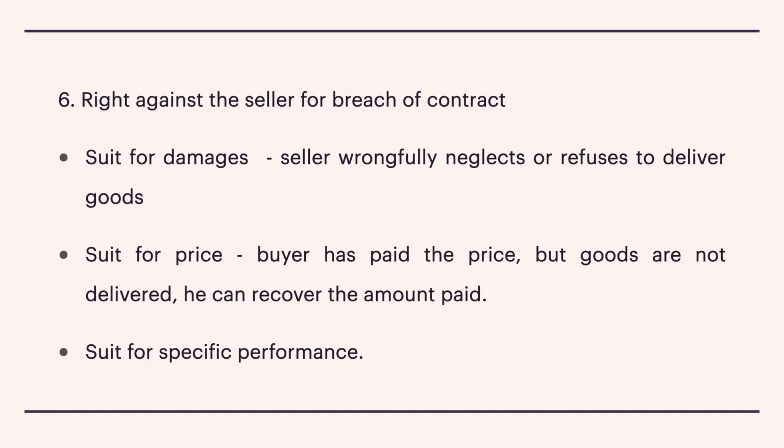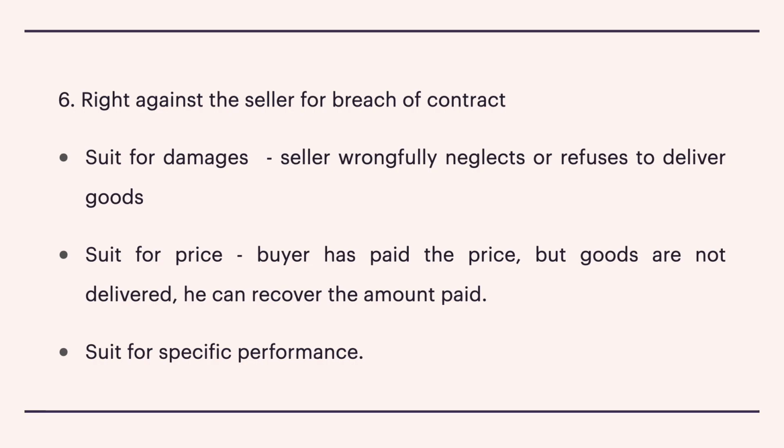Second, suit for price. If the buyer has paid the price but goods are not delivered, he can recover the amount paid. In the first case, it was the wrong goods. Yes, he delivered, but due to negligence he delivered the wrong type of goods. He can claim damages. But under suit for price, the entire price, whatever money the buyer has paid as consideration, can be sued for, the entire price of the contract.